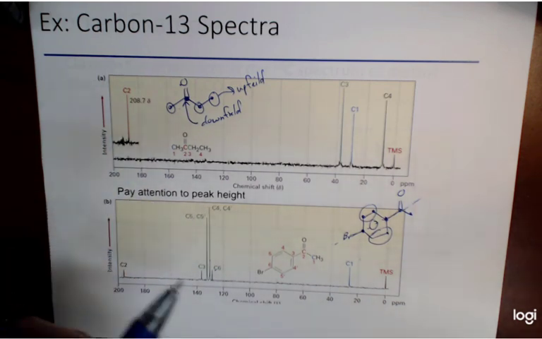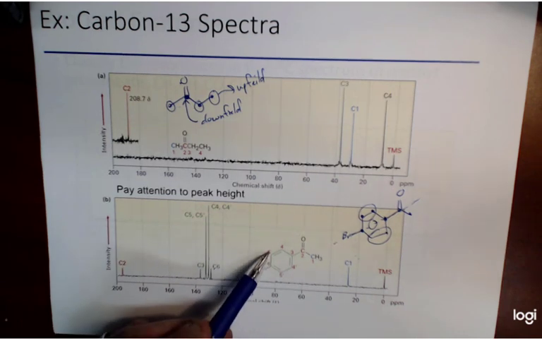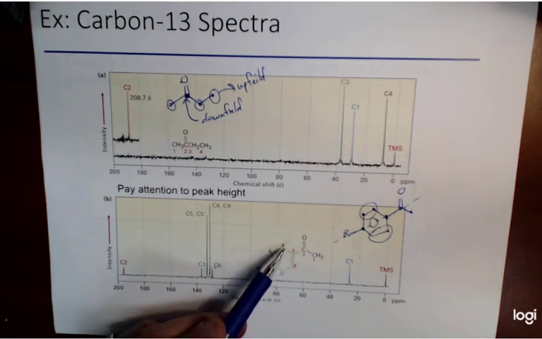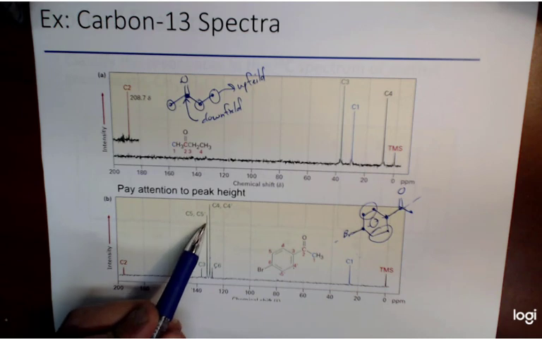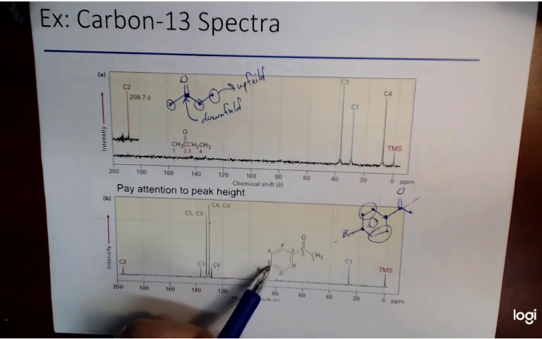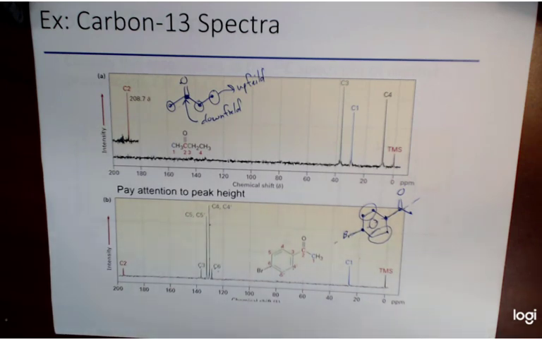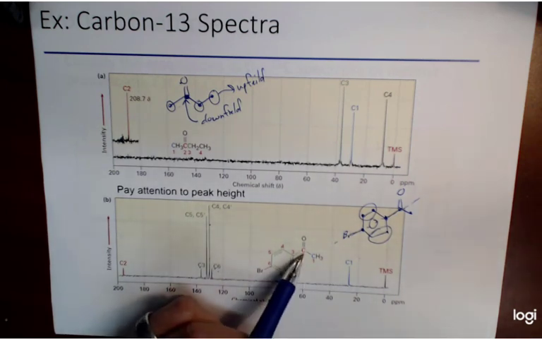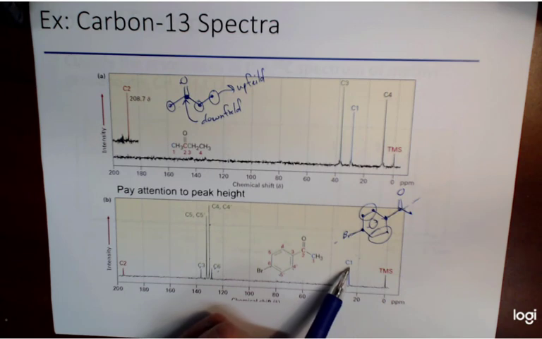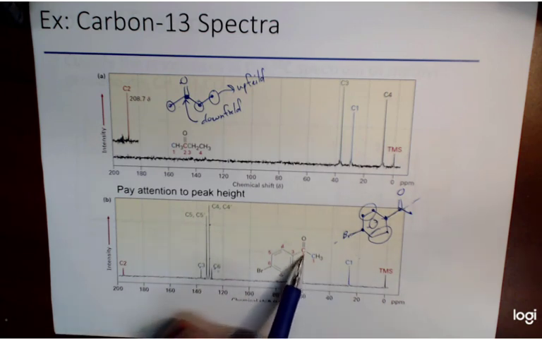That's because when you look at how they've numbered it, for C5 and C4 there are 2 carbons that can give you that signal. But for C3 and C6, there's only 1 carbon that can give you that signal. And you notice that also happening for C2 and C1. C1 is small like C6 and C3, and C2 is small like C6 and C3.